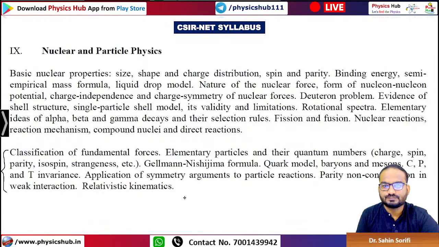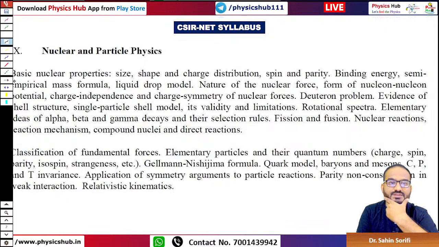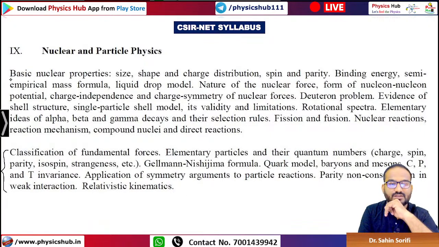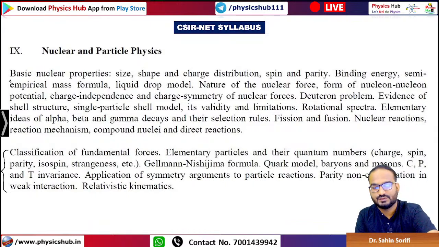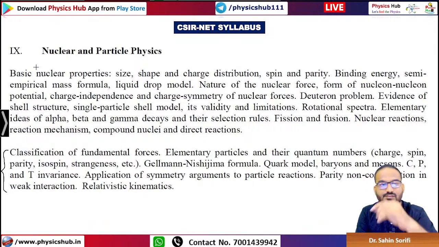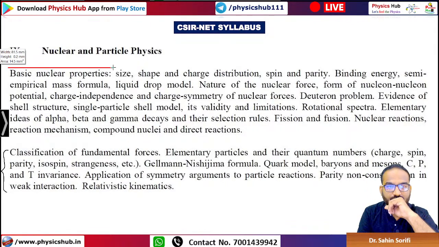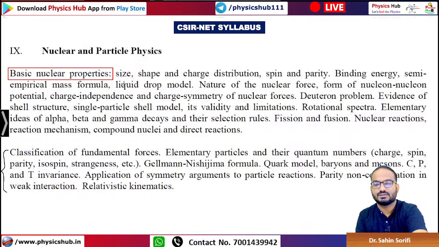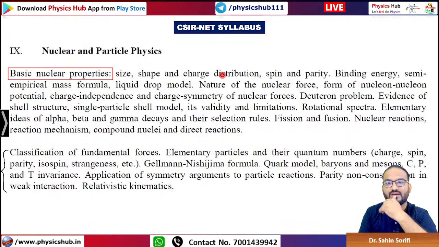Now, in the nuclear physics part, we have basic nuclear properties. This is the first thing we need to cover, and we will cover the first part of it. It includes size, shape and charge distribution, spin and parity.